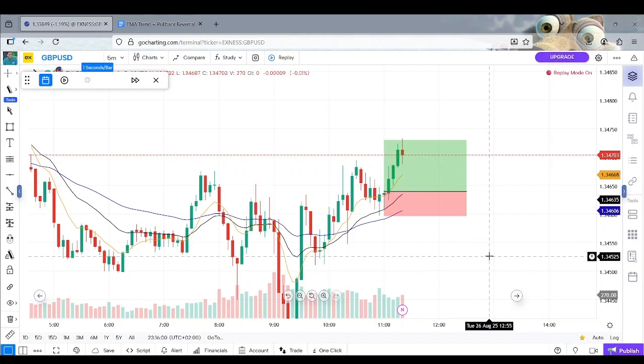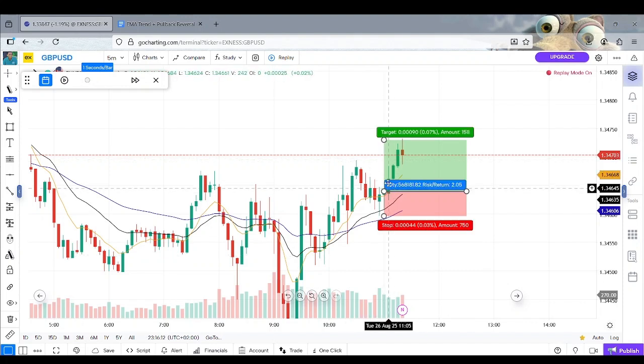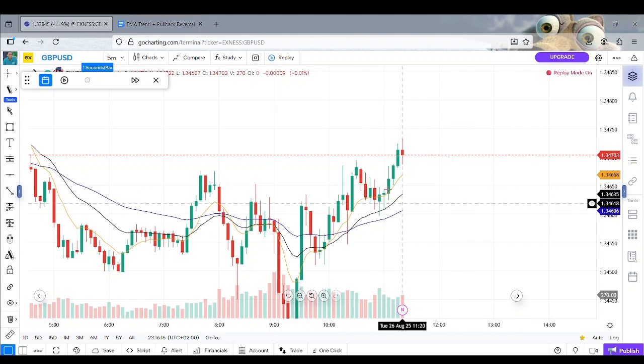Now, most likely, I wouldn't have been tagged in since it's a valid hammer because my confirmation was, let's remove this, my confirmation was the fair value gap.